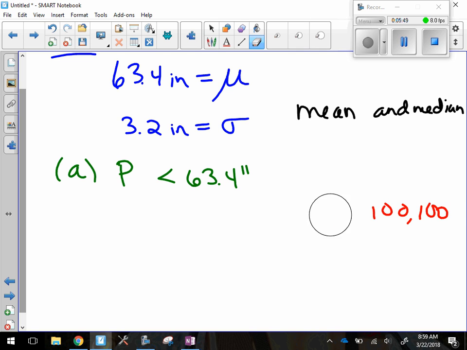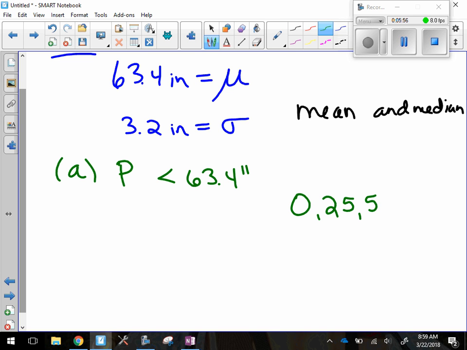So again, if I gave you these values, what would be the median value? 70 would be the median. You know how to figure out the mean, right?